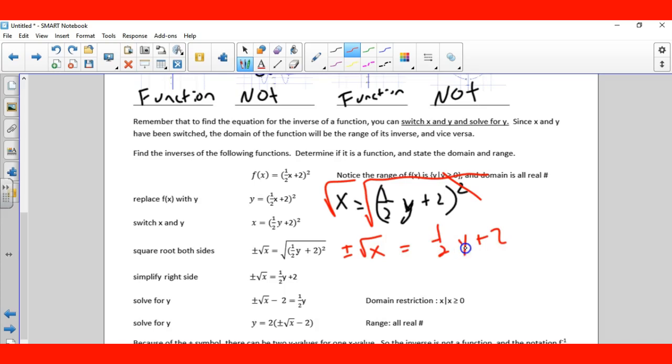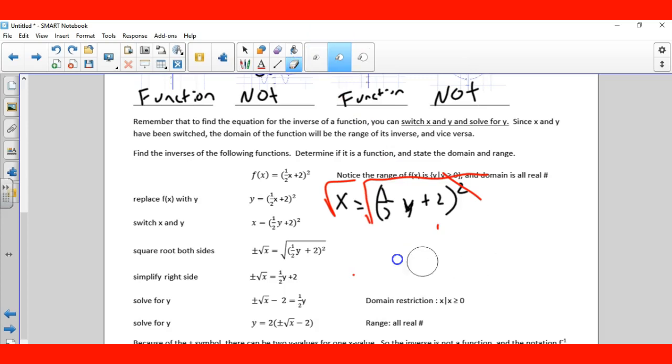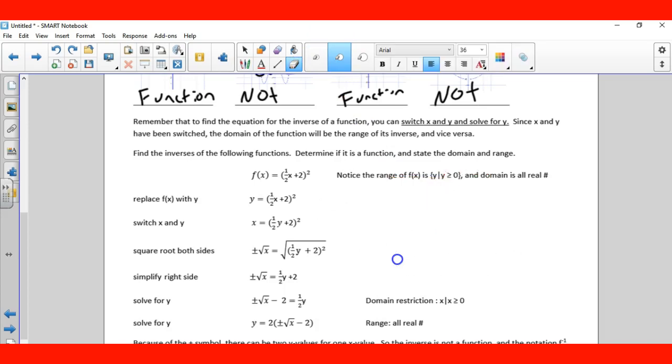And then we just do the additive inverse property, I mean the inverse property of addition, which means I can subtract 2 on both sides. When I subtract 2 on both sides, I end up with this right here: plus or minus square root of x minus 2. And then do the inverse property of multiplication.